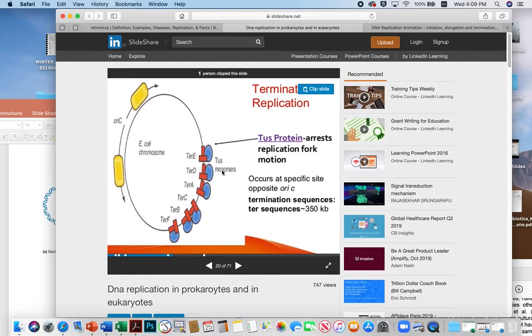So these Tus proteins will bind to these termination sequences, and when the replication fork gets here, it starts banging into them like speed bumps, if you will, and eventually it causes the replication forks to arrest or stop and then fall off. And so we get termination of replication, rather than having these forks just kind of keep moving around the circle indefinitely. We don't want that to happen. So termination is really important and highly regulated.